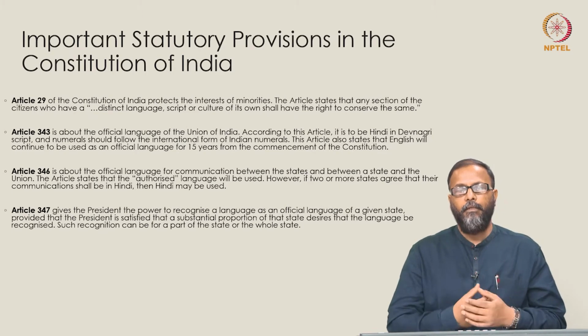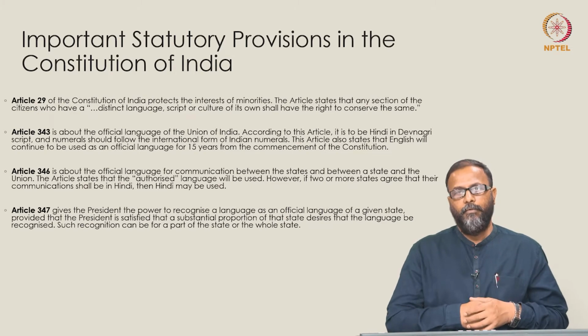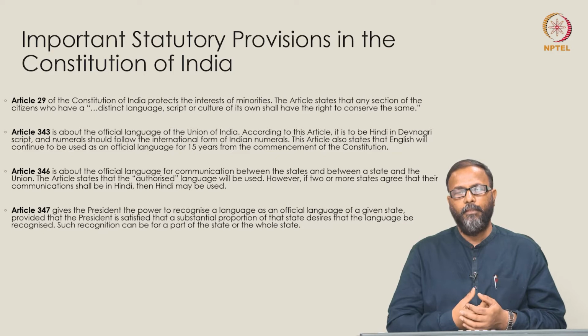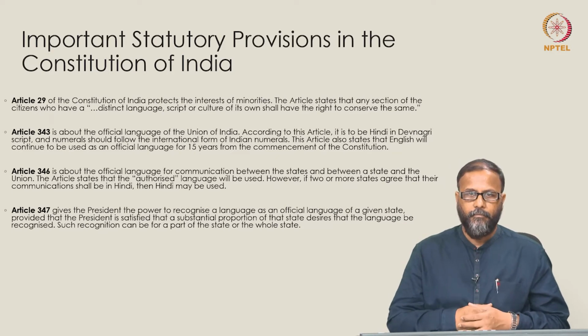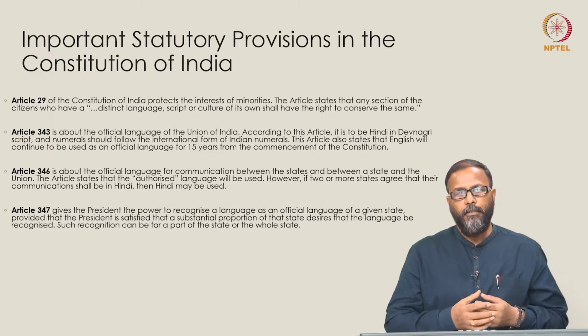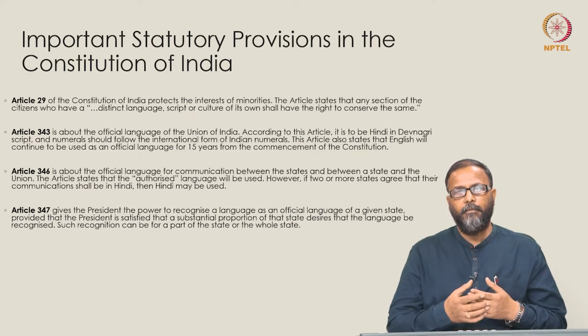In such a country, deciding upon one official language will definitely be an uphill task. It is an uphill task. Until late, the questions on languages have not yet been settled. However, the Constitution of India gives us a lot of liberty and leverage to accommodate as many languages as possible.